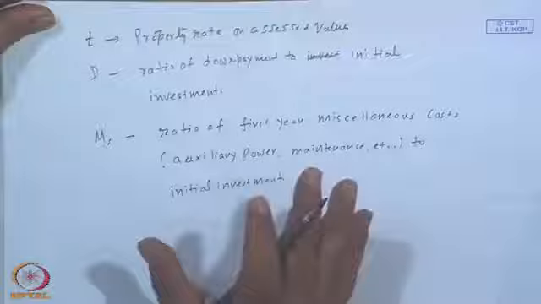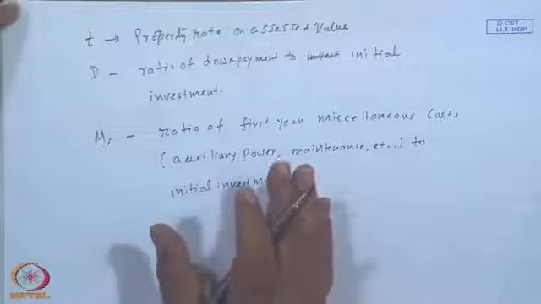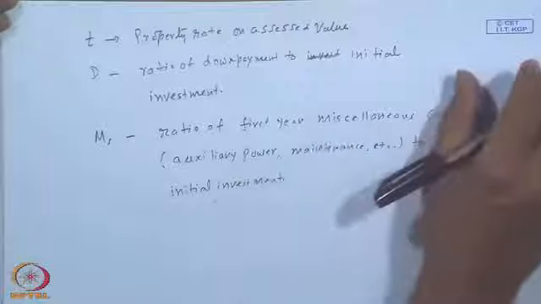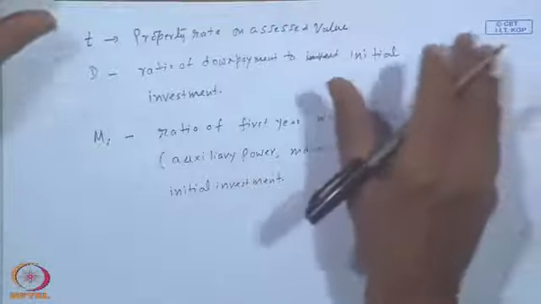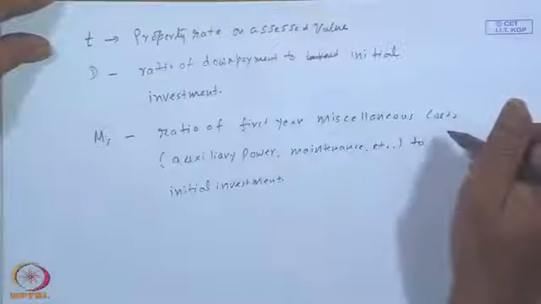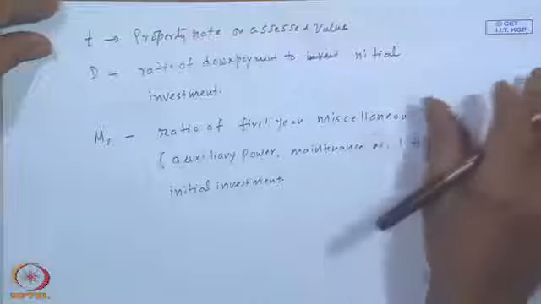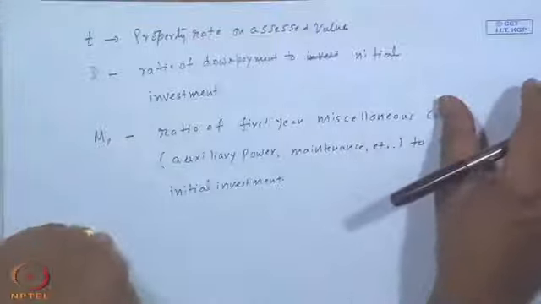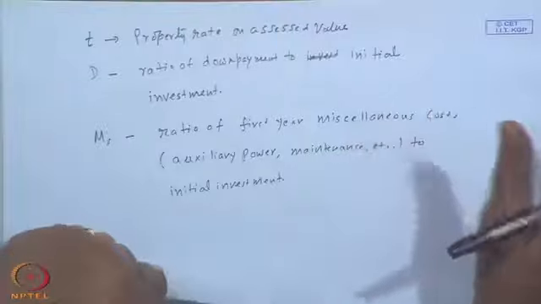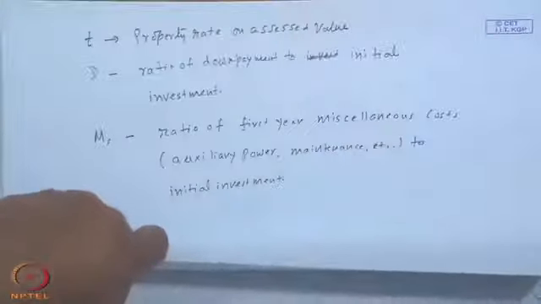So, this in a way is going to tell you, out of 32 lakhs or 40 lakhs, whatever you have invested on the solar energy system or in general anything, you need the ratio of the first year miscellaneous cost to initial investment. In other words, if it is a large property, probably your first year cost will be also higher, and if it is a small property, it will be less.